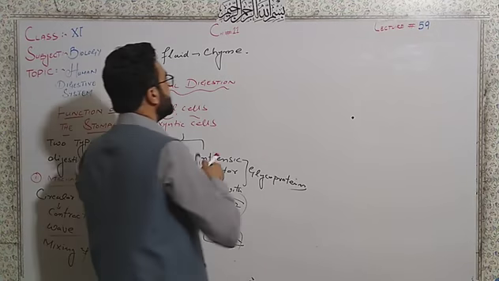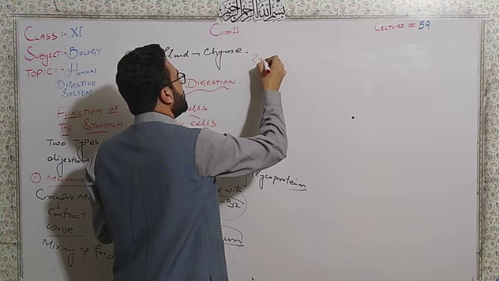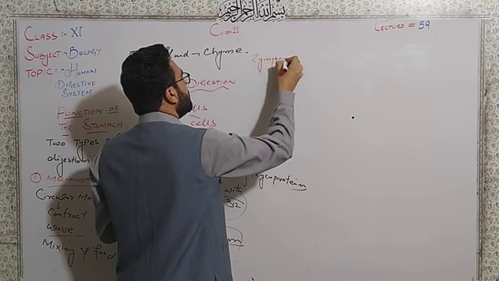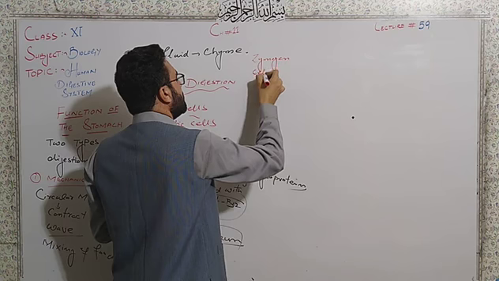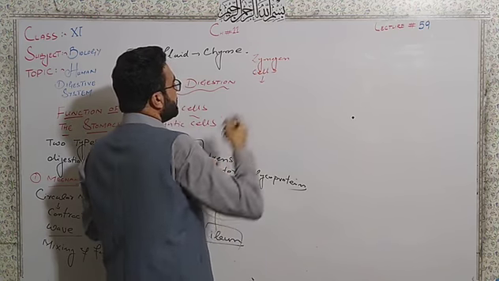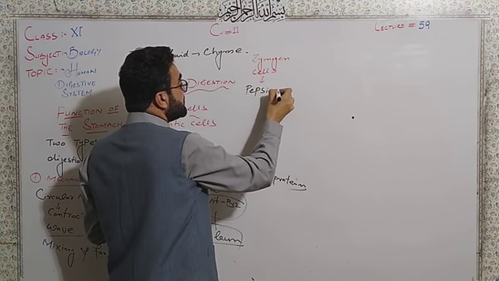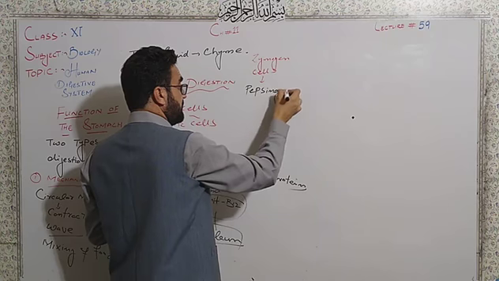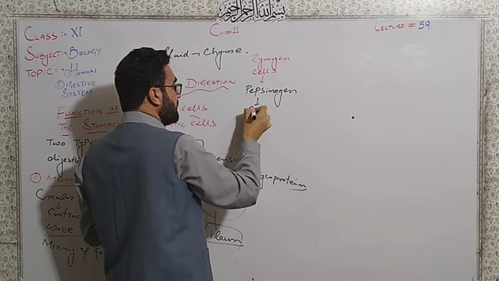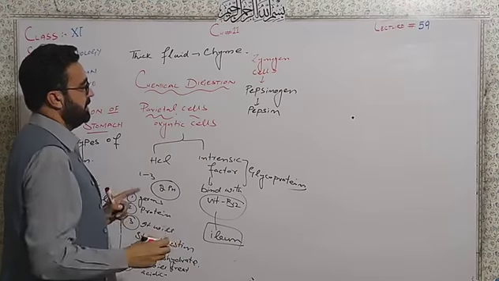The zymogen cells will secrete pepsinogen. Because this is an inactive enzyme, it will be activated and converted into pepsin by the HCl.